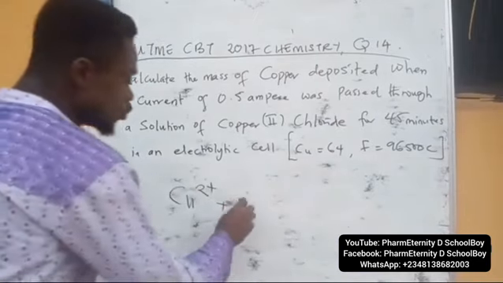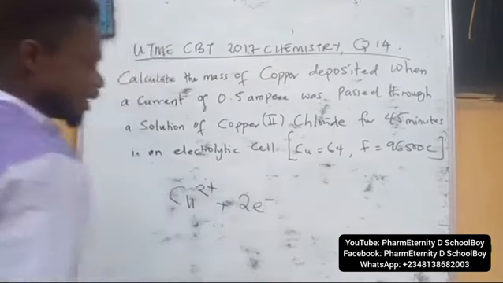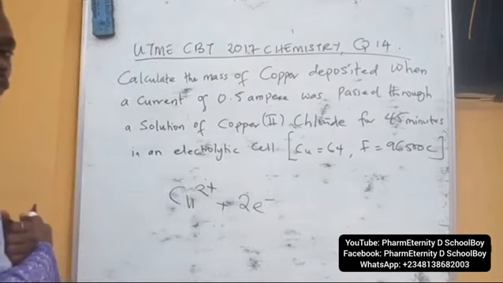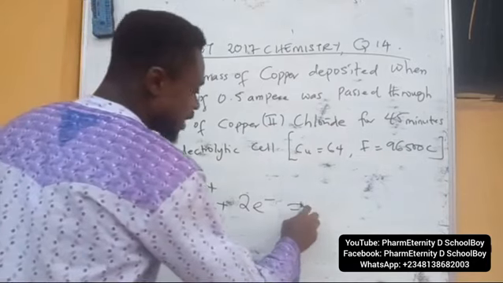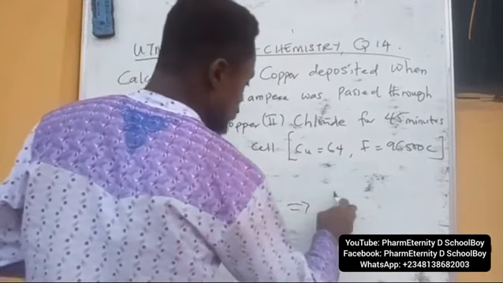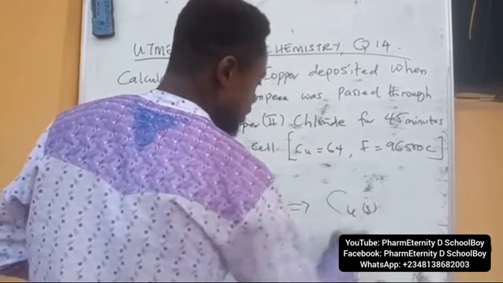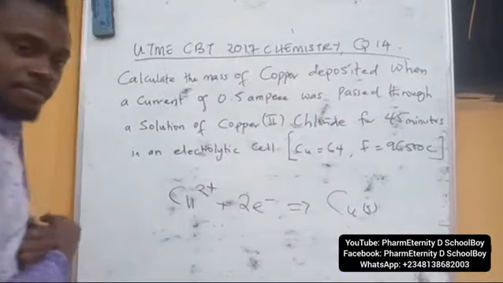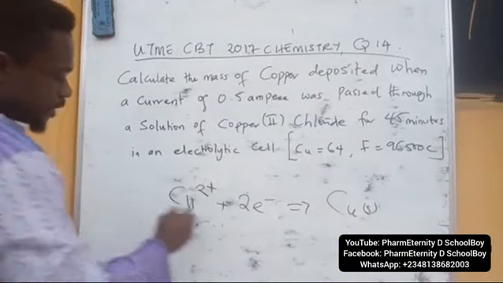It can only take up 2 moles of electrons for it to be deposited as solid copper at the cathode. The Cu2+ is aqueous.